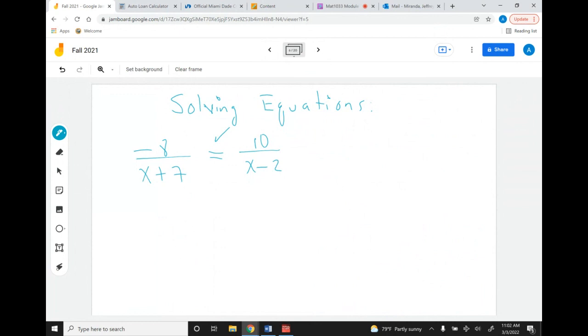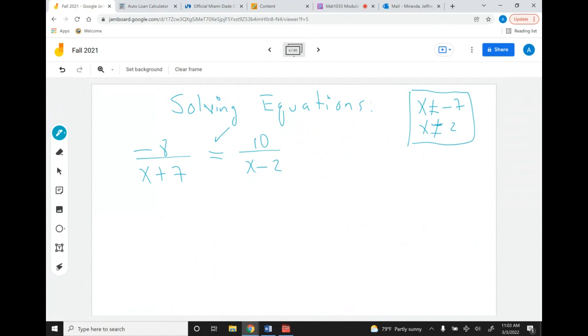So before I continue, I want to exclude any problems that may cause trouble down the road. And the values that may cause issues are x equals -7 and x equals 2. These values cannot be. No matter what happens, I know that my answer cannot be -7 or 2.